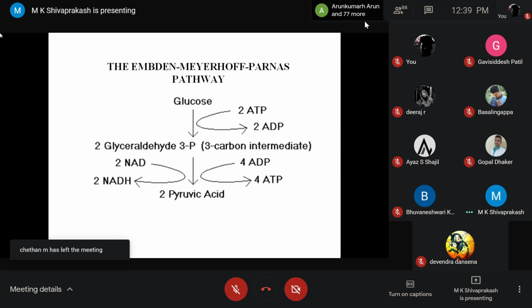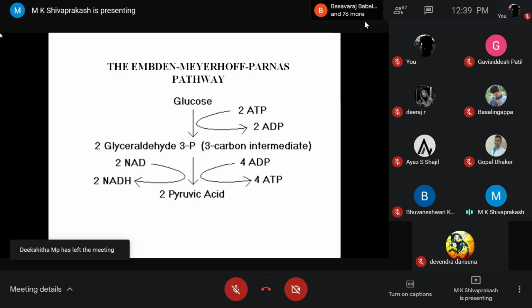So those are the major pathways, and now some of the salient features. The first pathway, the EMP pathway, the Embden-Meyerhof-Parnas pathway: a molecule of glucose gets converted to 2 molecules of pyruvic acid.